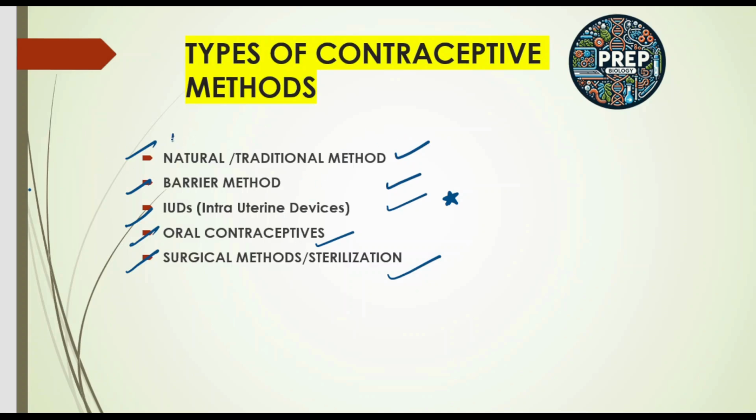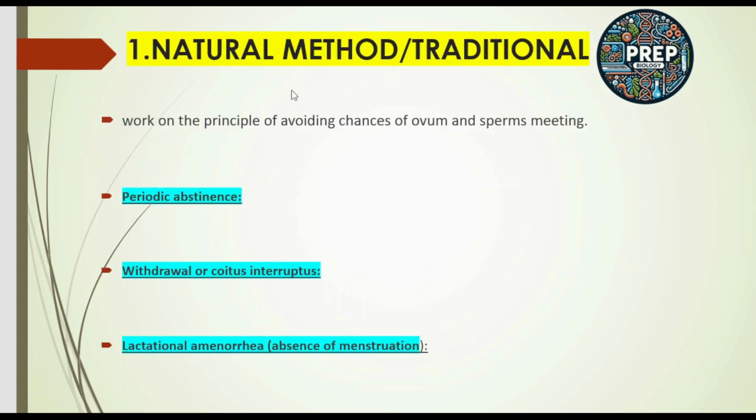The first method is the natural or traditional method. This is a very safe method for a couple, having no side effects. The natural method works on the principle of avoiding chances of ovum and sperms meeting.